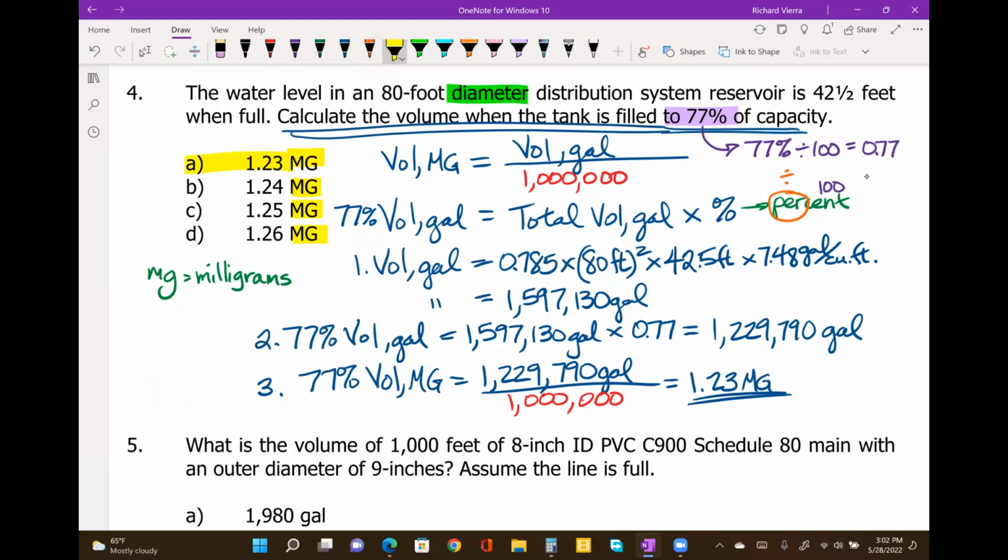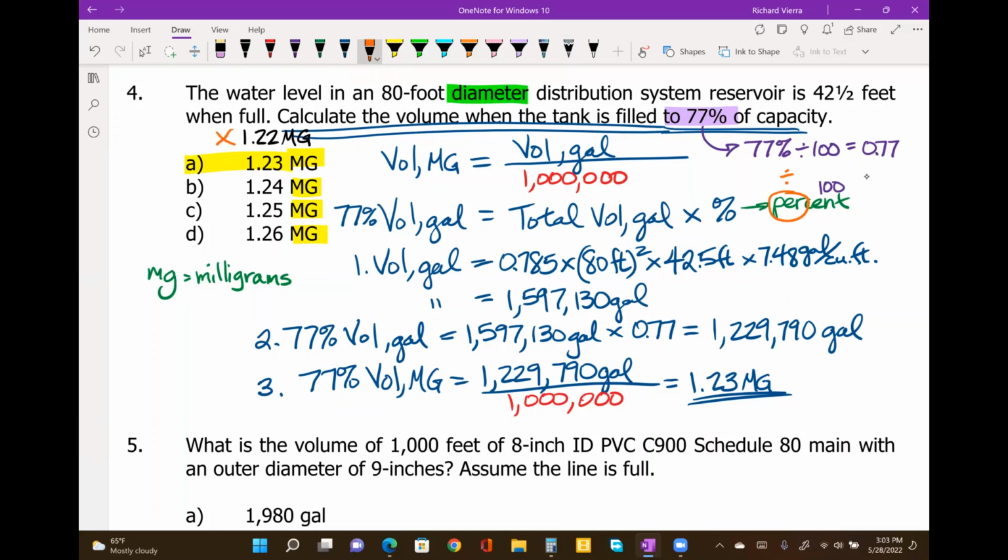Now, you have to be a little bit careful with some of the calculations, the way they show up on the calculator, because in this example, they could have had another choice listed here, 1.22 million gallons. And some folks might have been tempted to choose that answer because it matched the first 3 digits showing up on the calculator when you do the whole process correctly.